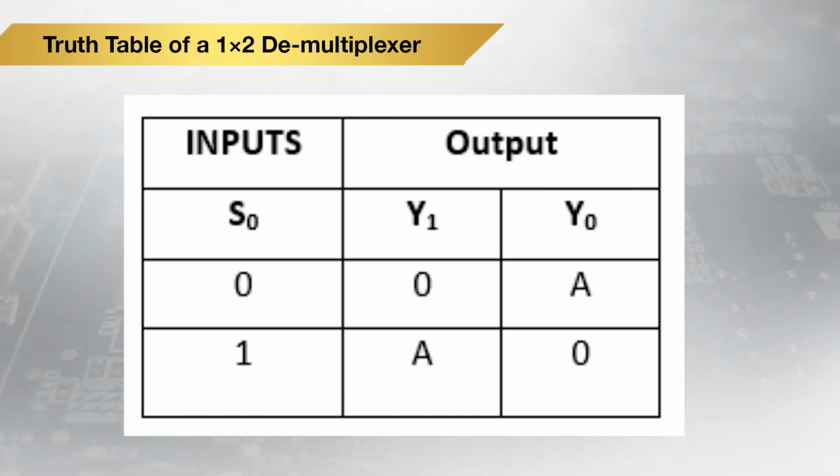If we have logic low at S0, our Y0 will have the input value A and Y1 will have 0 at the output. If S0 is equal to 1, whatever value is present in A will be reflected at Y1 and Y0 will represent 0 or logic low.